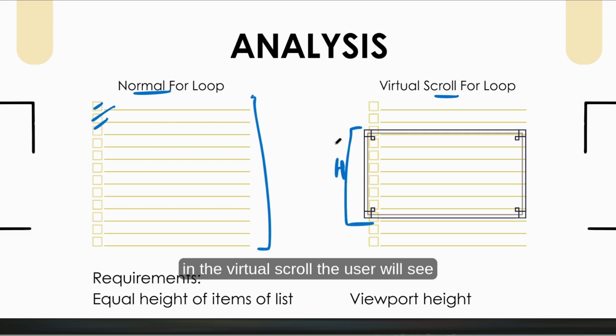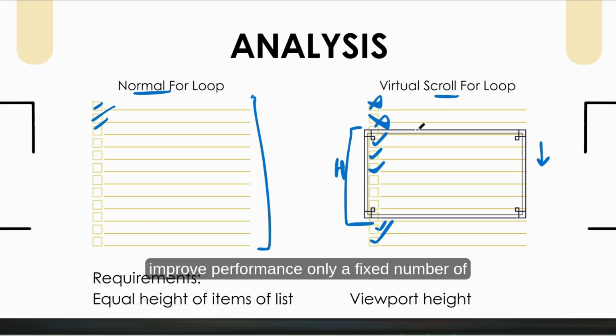In the virtual scroll, the user will see a fixed viewport height of say H. Only the items that are visible in the list will be rendered. Suppose here there are 6 elements. The 6 elements will render at first. But as the user scrolls down the list, new items below will be rendered, and the previous items will be removed from the list to improve performance.